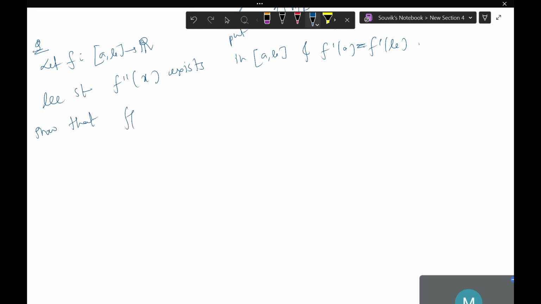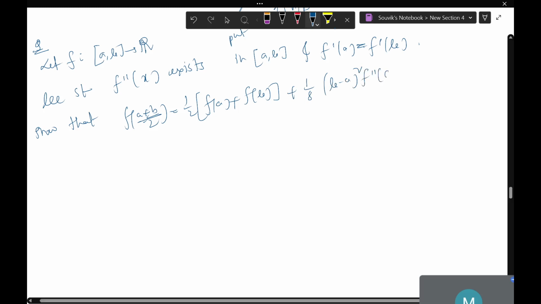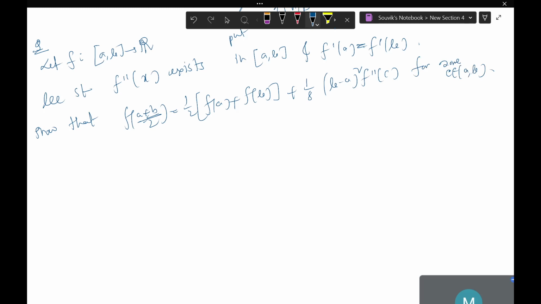Show that f((a+b)/2) = (1/2)[f(a) + f(b)] + (1/8)(b−a) squared f''(c) for some c belonging to the open interval (a, b). Okay, so only using Lagrange's mean value theorem you can do it.